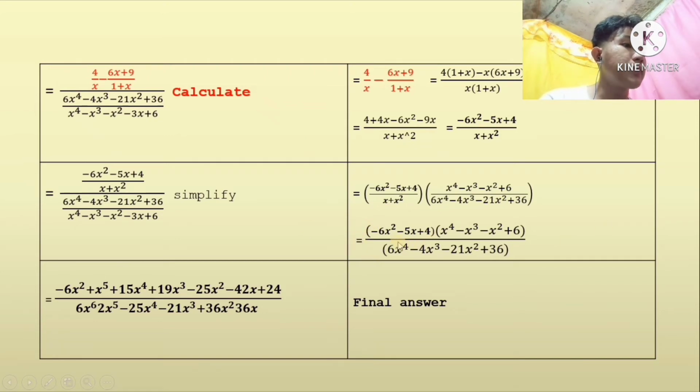So let's distribute negative 6x squared minus 5x plus 4 to x raised to 4 minus x cubed minus x squared plus 6.